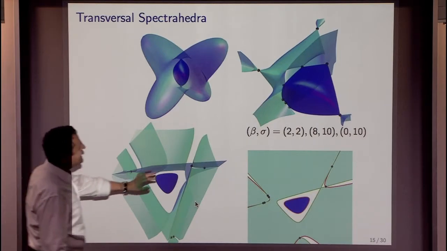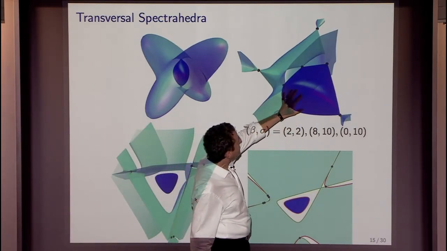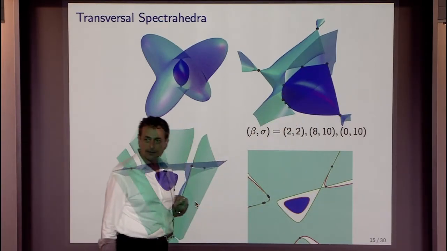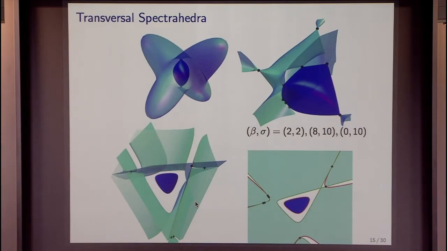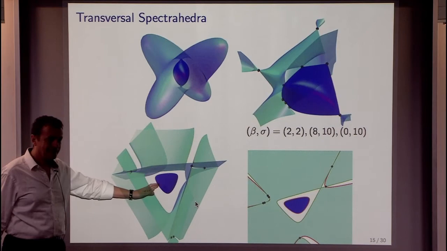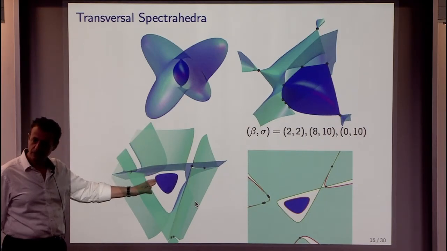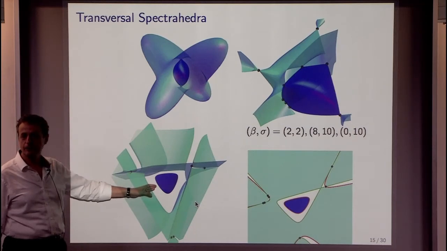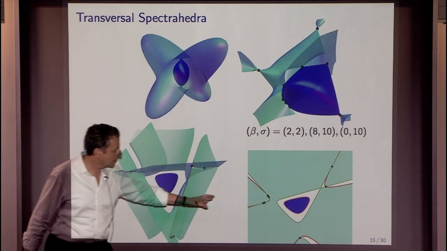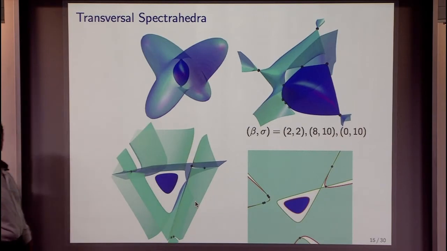Over here you have an 8,10 specimen, so all 10 nodes are real. 8 of them are on the spectrahedron, 2 of them are off the spectrahedron. Here's a nice one. Here's a 0,10. There are 10 real nodes on the surface, but 0 are on the spectrahedron. And this is a projection of this.